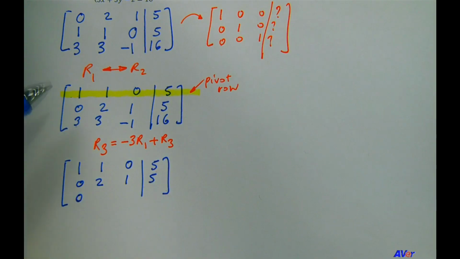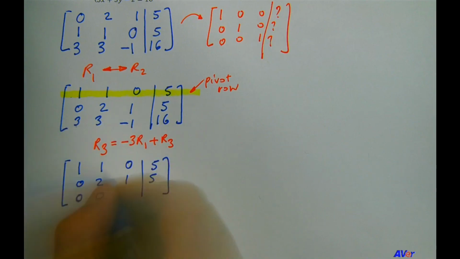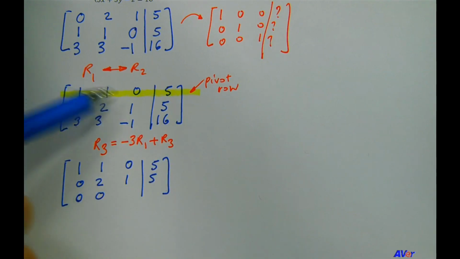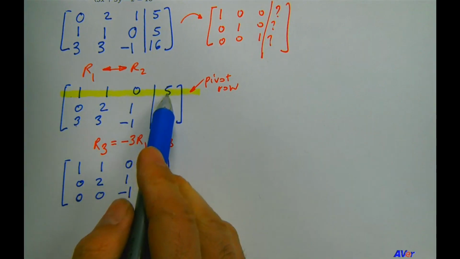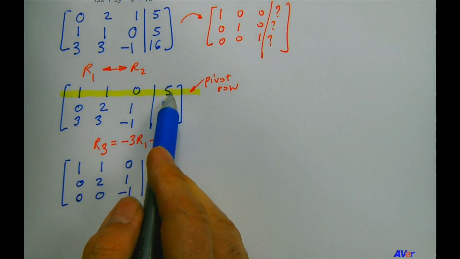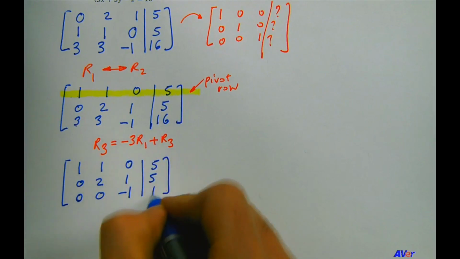Minus 3 times 1 is negative 3, plus positive 3, 0. Minus 3 times 0 is 0, plus negative 1 is negative 1. Minus 3 times 5 is minus 15, plus 16 is positive 1.